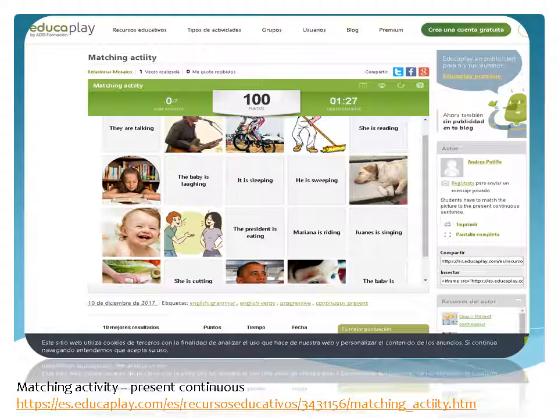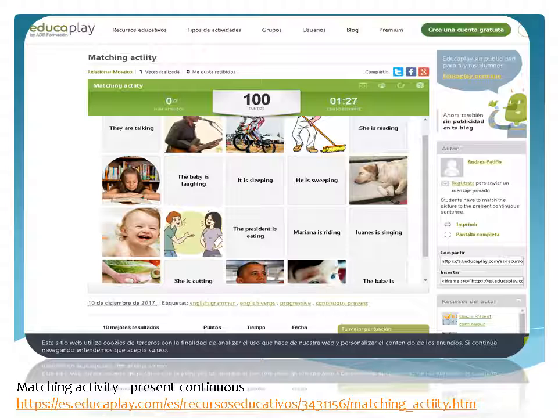So, as I just said, the Web 2.0 tool that I have chosen as an example is EducaPlay, and the topic was present continuous. So the first activity that I have designed, of course, is very short. It is a matching activity about that topic. So basically, the students have to be in front of a computer.